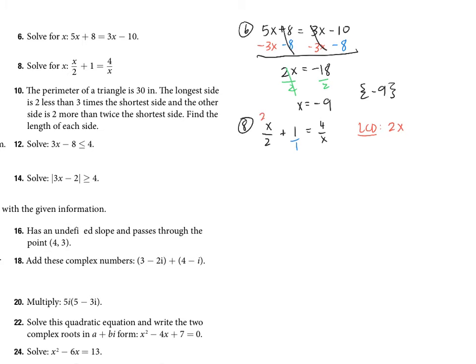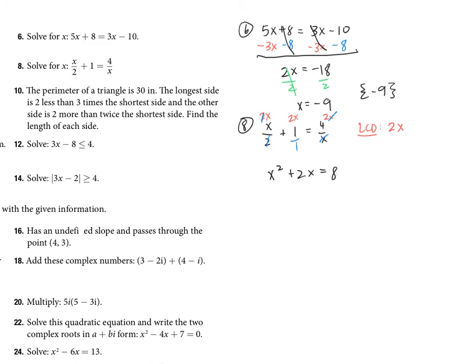So now I'm going to multiply each fraction by the LCD. Cancel out common factors. In the first fraction, the 2's cancel out, and I'm left with x times x, which is x squared. In the second fraction, nothing cancels out. You just are left with a 2x. And in the third fraction, the x's cancel out, and we're going to be left with 4 times 2, which is 8.